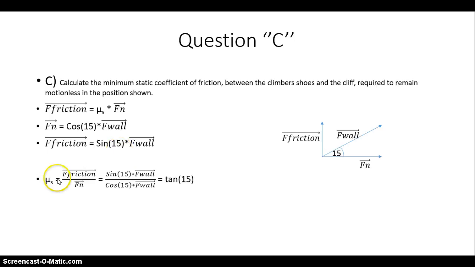Then, by plugging in values, the coefficient of static friction equals F friction over F normal, which is sine of 15 times F wall over cosine of 15 times F wall, equal to tangent of 15. So the coefficient of static friction will be equal to 0.268.